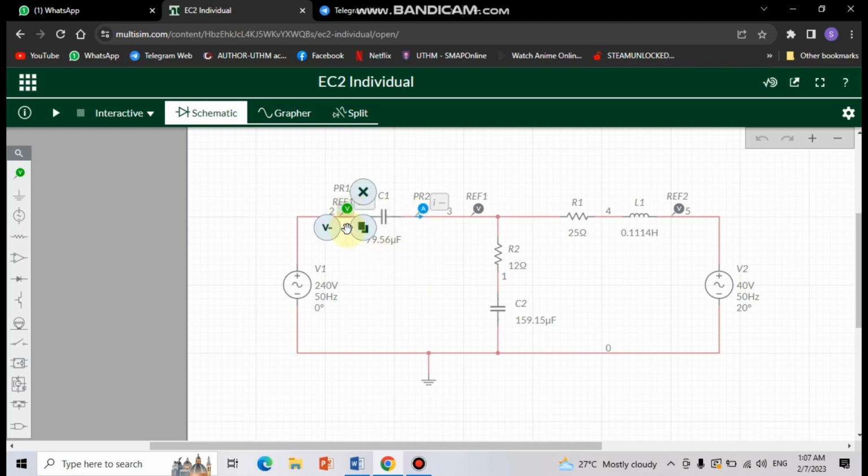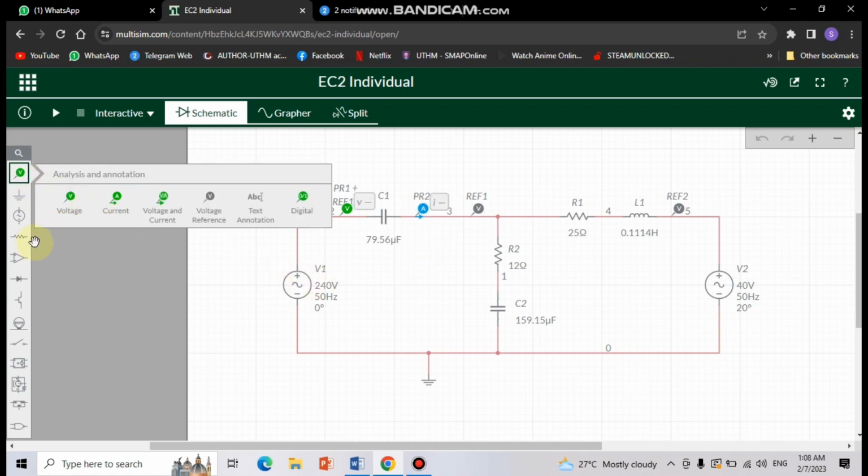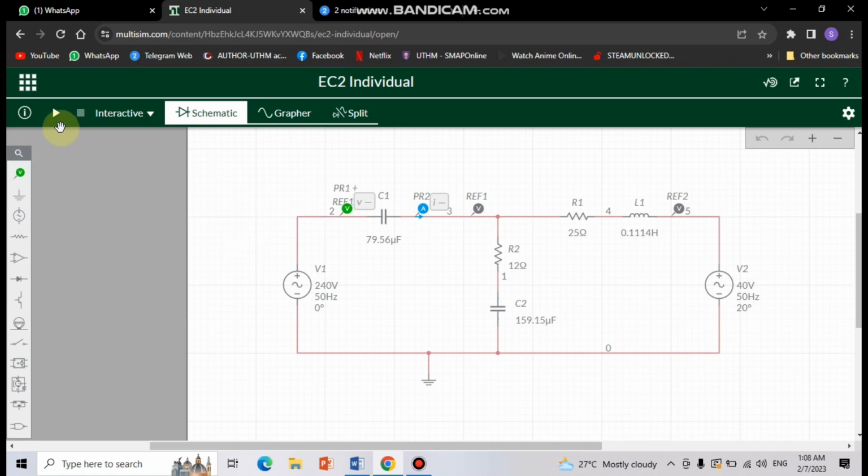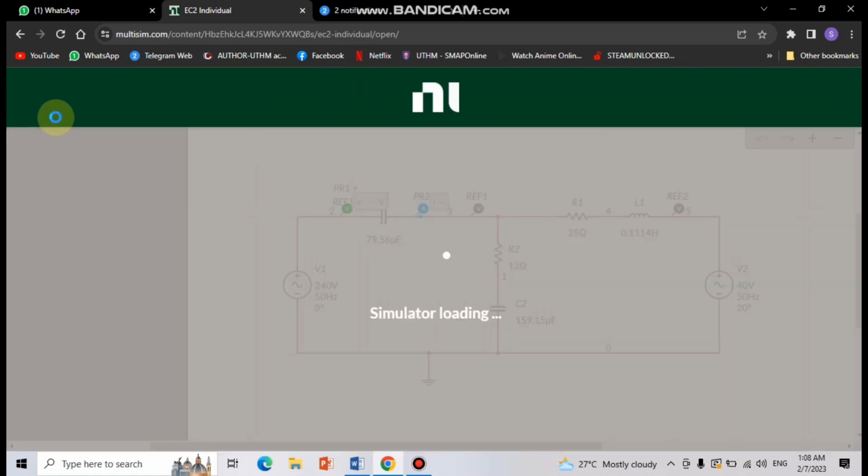So this is the positive probe of the voltmeter, and this is the negative probe of the voltmeter, and this is the ammeter. So we have to choose the voltmeter and ammeter at this section, and then we run it.